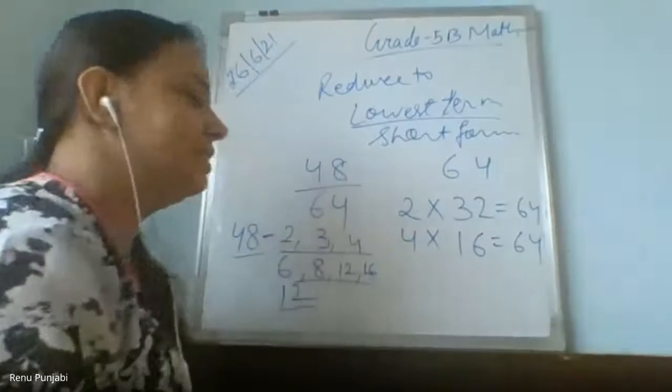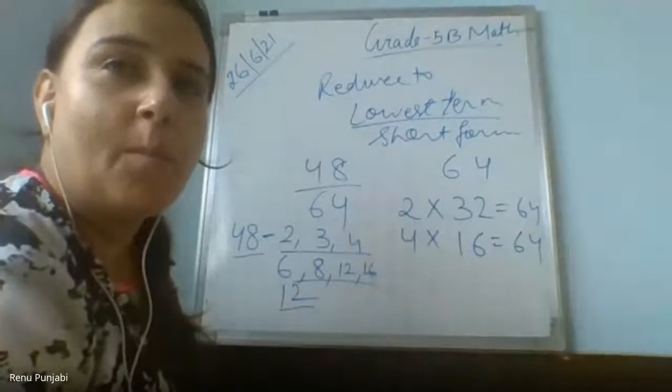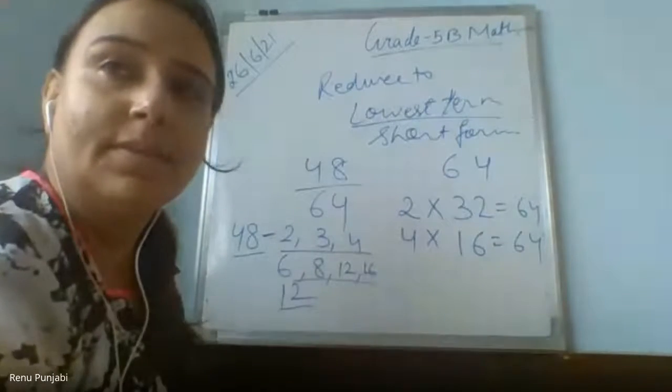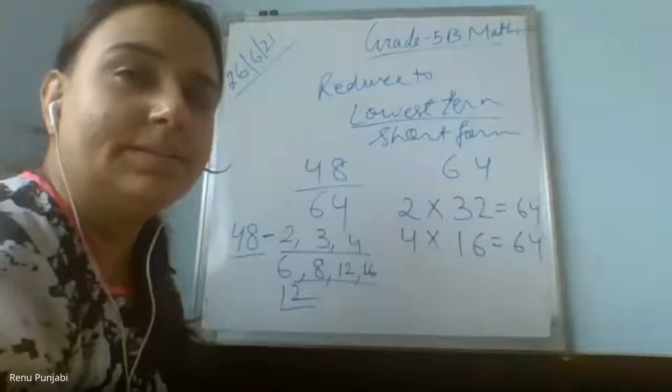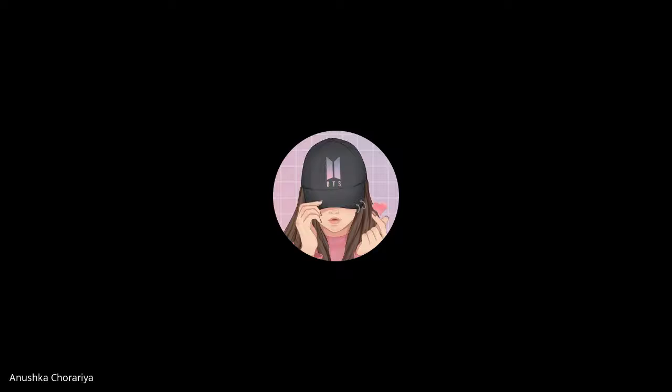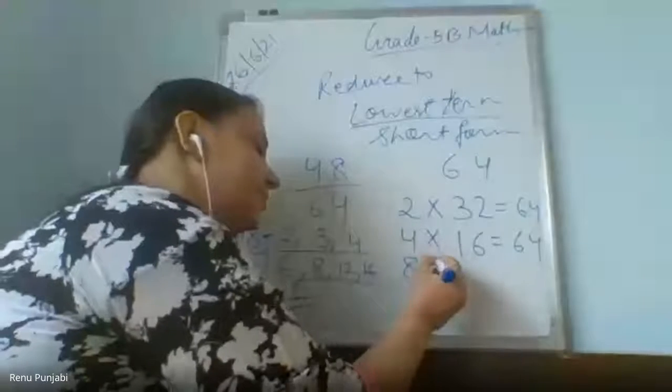Is 64 divisible by 5? No. Divisible by 6? No. Divisible by 7? No. Divisible by 8? Yes, ma'am. How many times? 8.